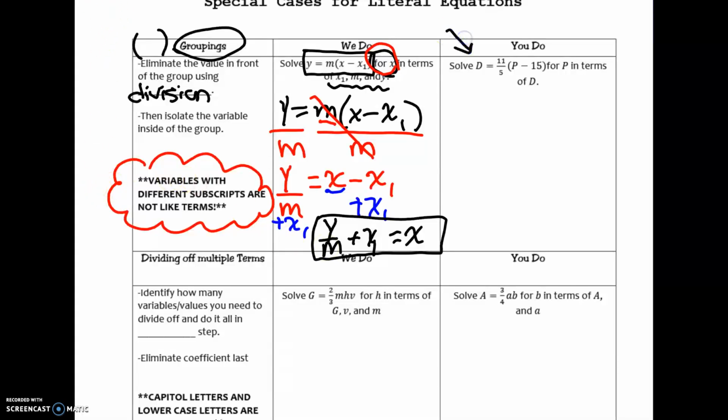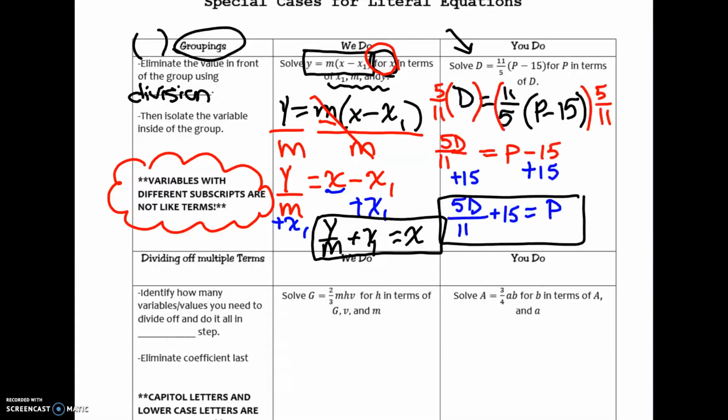Give this example a try using what we just talked about as a model. Pause the video, work on it, and then once you're done, play the video back so that you can check your answer. Now it's time to check your answer. You should have gotten 5d over 11 plus 15. Remember, to divide off fractions, you need to remember to multiply by the reciprocal, which is what I did by multiplying the 5/11ths on both sides.